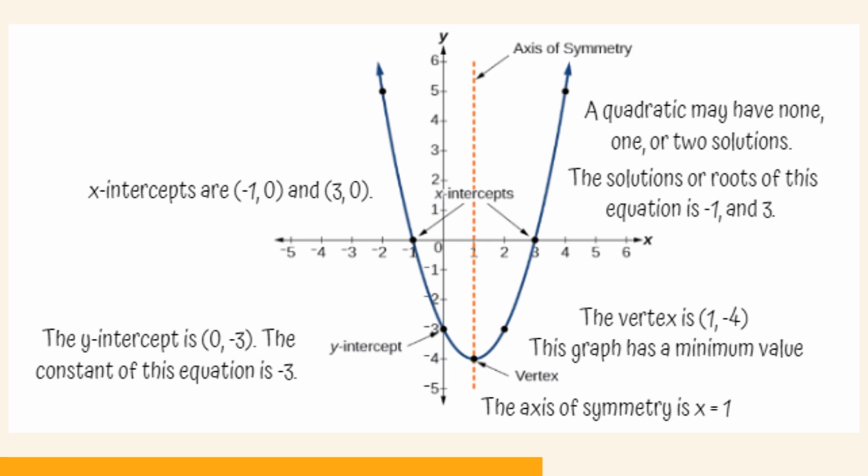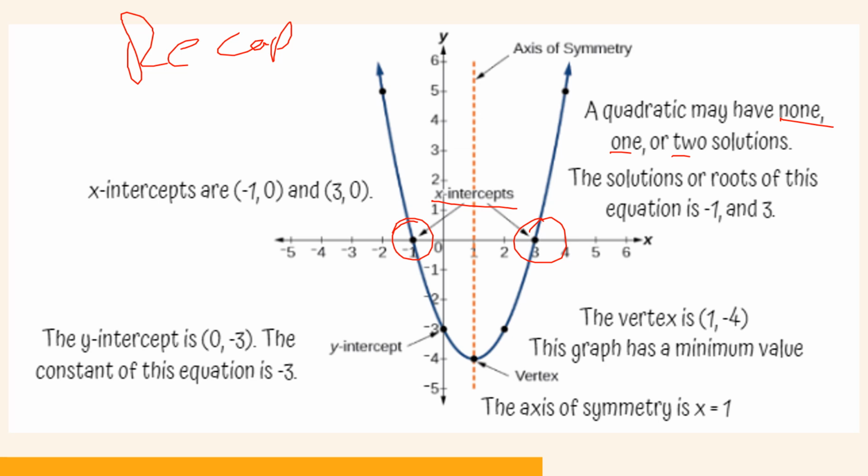But to recap, here's our recap. All we did is we just looked at the parabola. Our x-intercepts are anywhere across the x-axis. So on this one, it's -1, 0 and 3, 0. Our axis of symmetry cuts our parabola in half. With a quadratic, we may have none, 1 or 2 solutions.